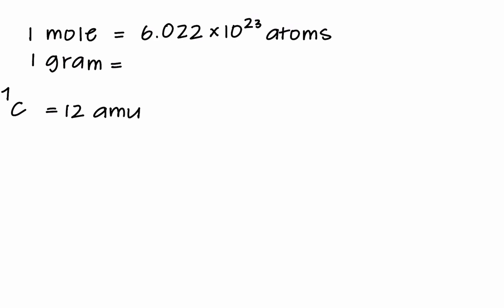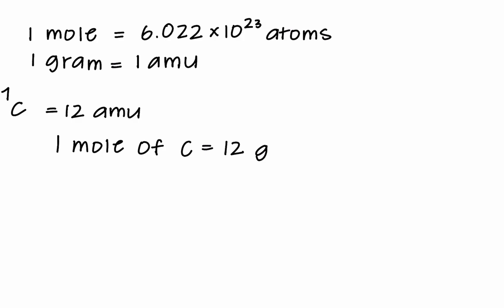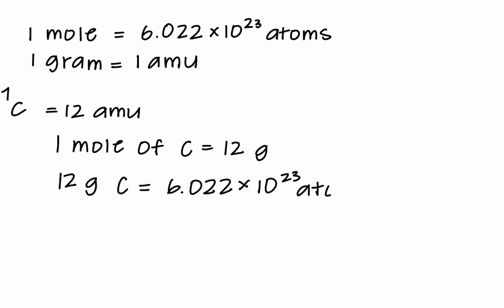So if there's 12 AMUs, and we know that 1 AMU is equal to 1 gram, we know that 1 mole of carbon atoms weighs 12 grams. This means that 12 grams of carbon contains exactly this amount of particles, which is based on Avogadro's number.